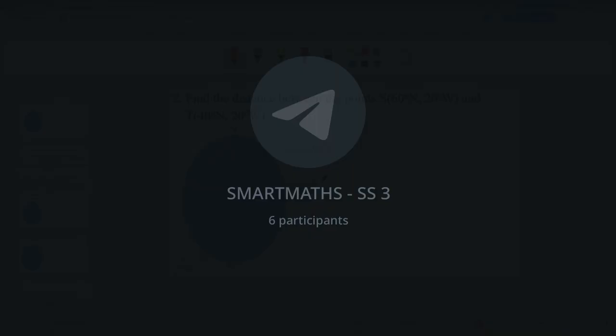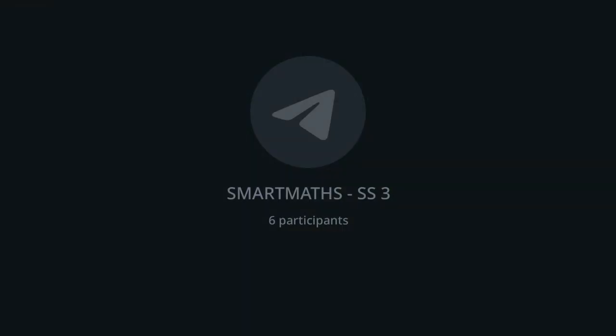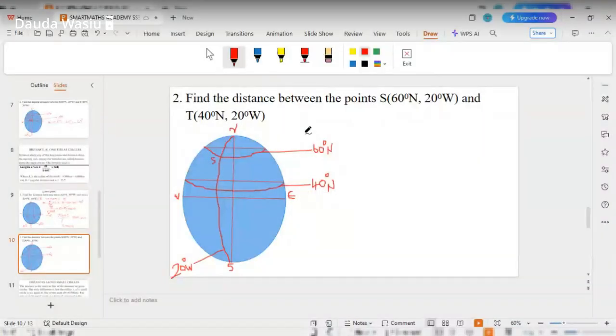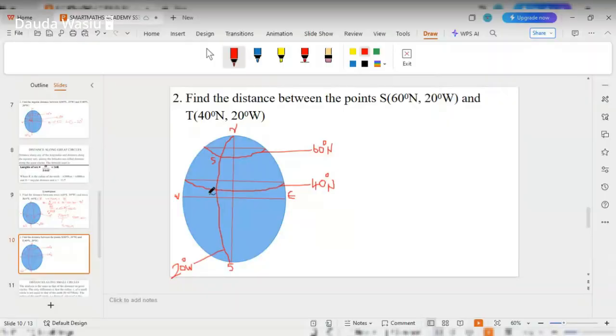And 20 degrees west. So which means we already have 20 degrees west again. We don't need to redraw. So the point of intersection is now point T. So this is point T.